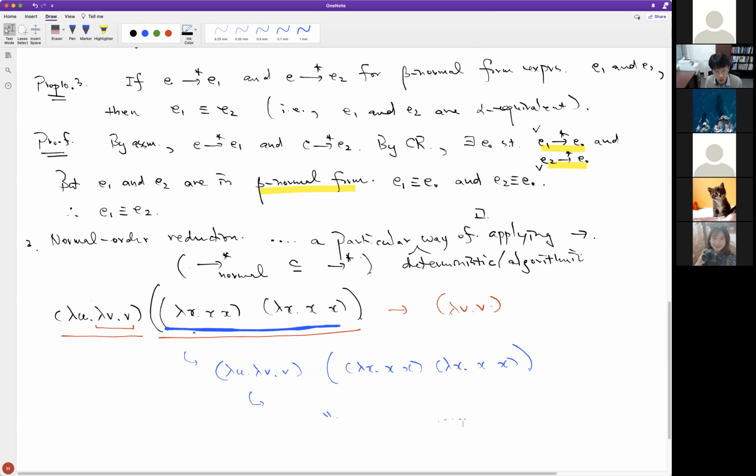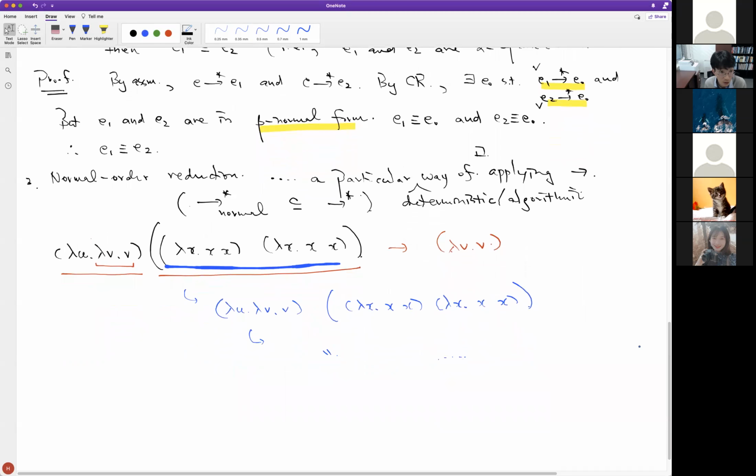It will never terminate. So the question becomes, how should we systematically choose beta redexes to contract next, so that if it's possible to get the beta normal form answer, we can always get it? In other words, what's the systematic way of applying contraction that will give us as many answers as possible? It turns out there isn't just one answer, maybe multiple, but there is one very well-known answer. The answer is normal order reduction.